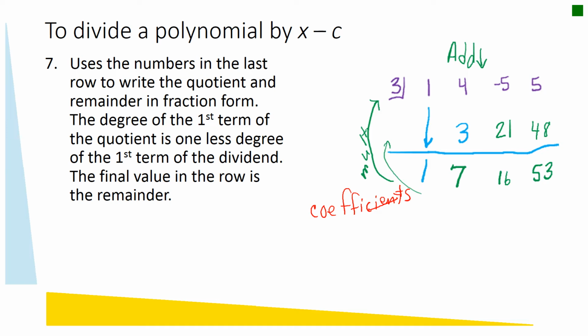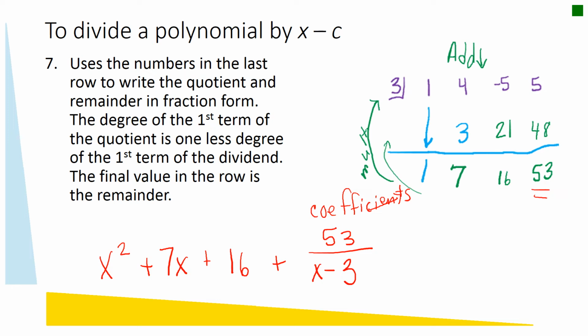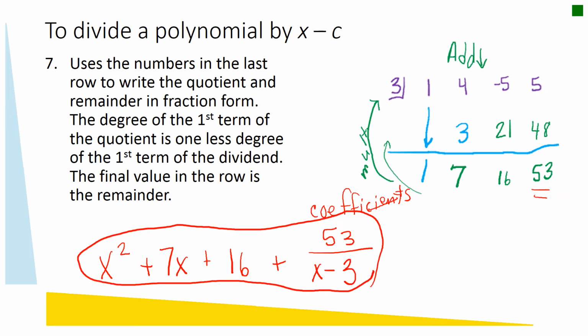The dividend was x cubed, so this is going to be x squared. x squared plus 7x plus 16. And then this final one is our remainder. We will write that as a fraction. So that's going to be 53 over the divisor, which was x minus 3. So this whole thing is our answer.